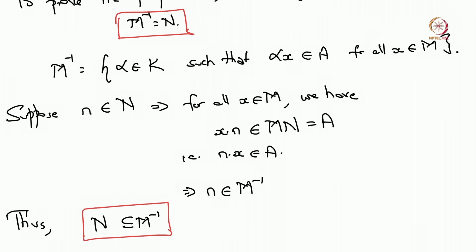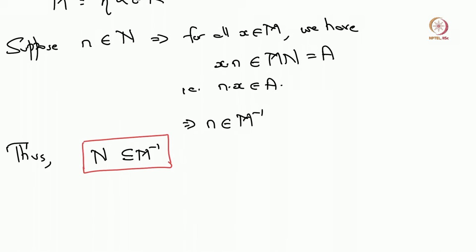So to complete the proof of the proposition, we want to show the reverse inclusion. We have seen that M times M inverse sits inside A as an ideal.